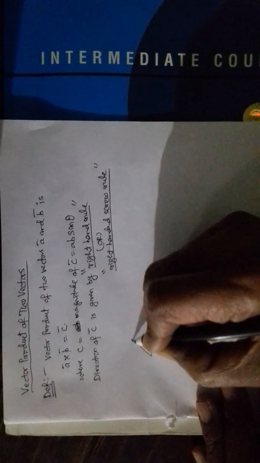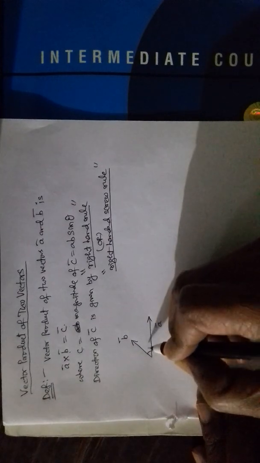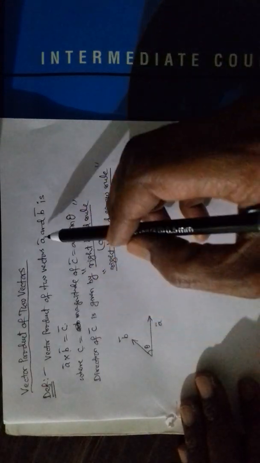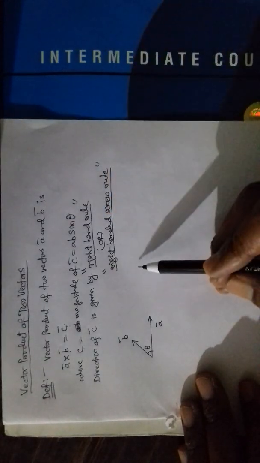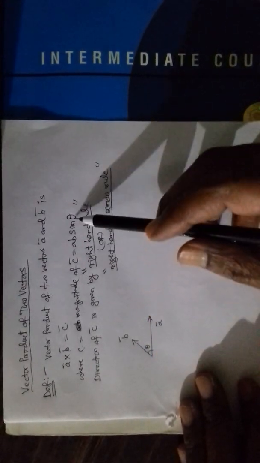Now let us take a diagram. Suppose this is A vector, suppose this is B vector, and the angle between the two vectors is theta. Now the vector product of A and B is another vector C, and its magnitude is AB sin theta.